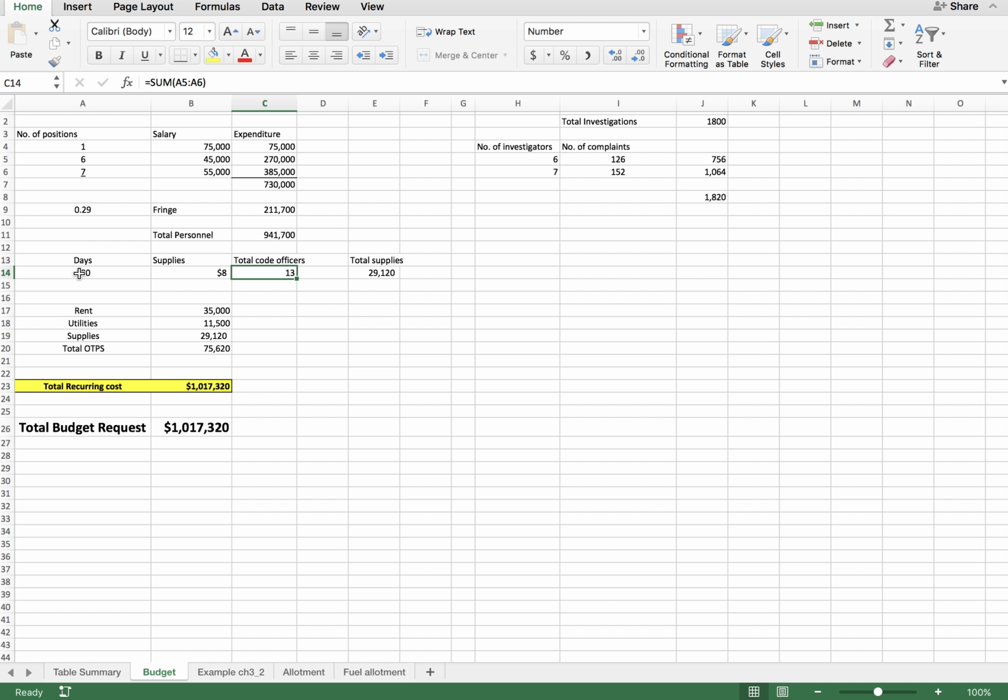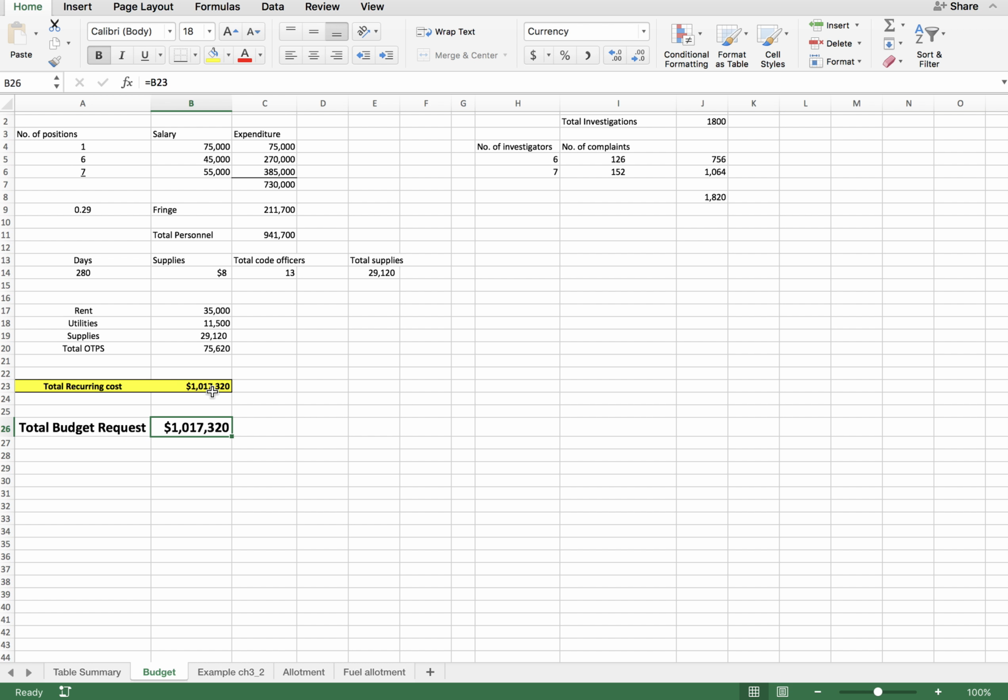So we multiplied the 280 times the $8 times the 13 officers, and that gave me a total supply cost of 29,120. Then in my scenario I also have rent, utilities, and then my supplies is here. So my total other than personnel costs comes to 75,620. And then my total recurring costs for everything is 1,017,320. And that's my budget request.